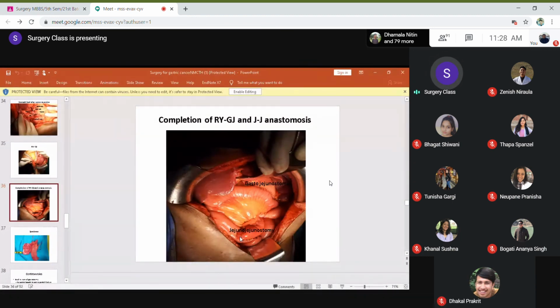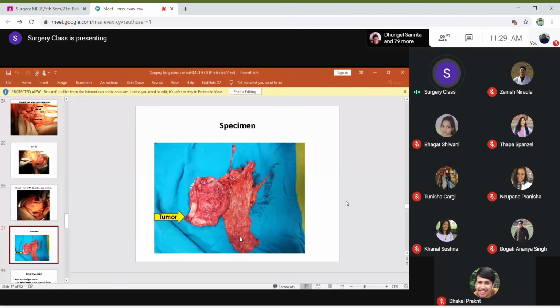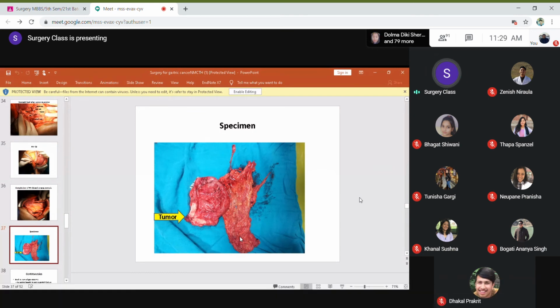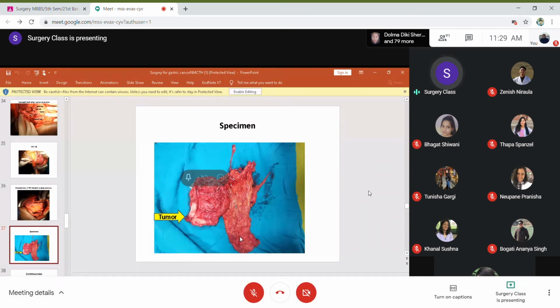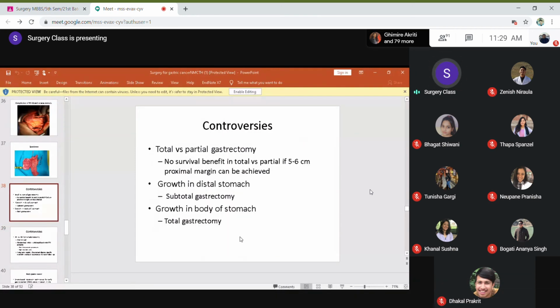So this is called Roux-en-Y gastrojejunostomy and jejunal anastomosis. And if you see the specimen of the tumor, you see the omentum attached to the tumor, which has been removed along with the anterior layer of the transverse mesocolon, the pancreatic capsule, and the lymph nodes. So now we'll go into controversies.